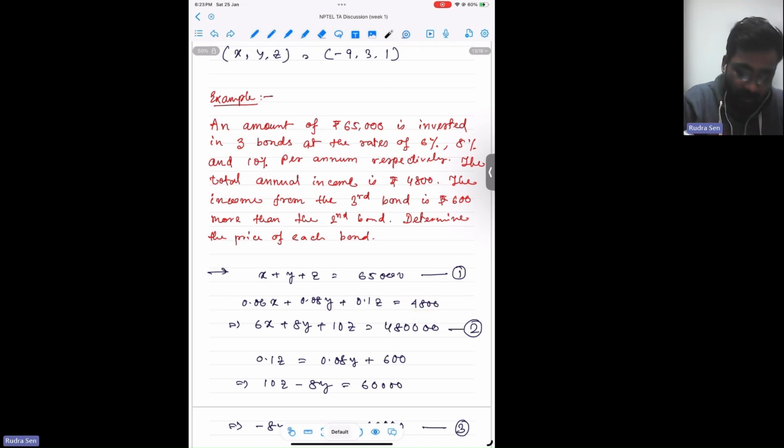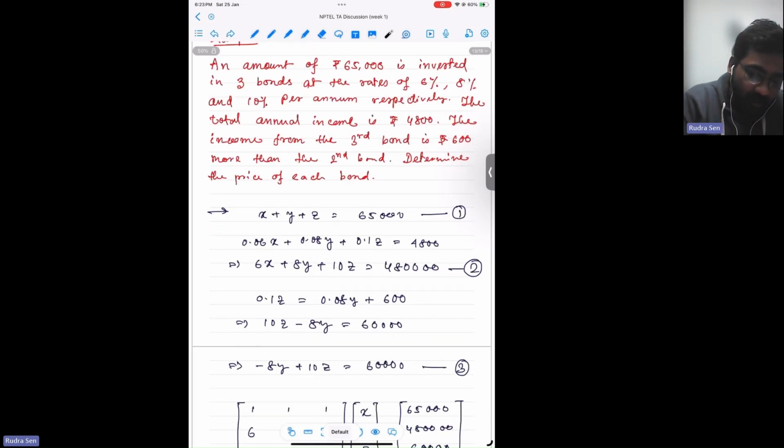We make it a whole number, so 6x plus 8y plus 10z equals this term, which is equation number 2. And the third equation says the income from the third bond is 600 rupees more than the second bond.